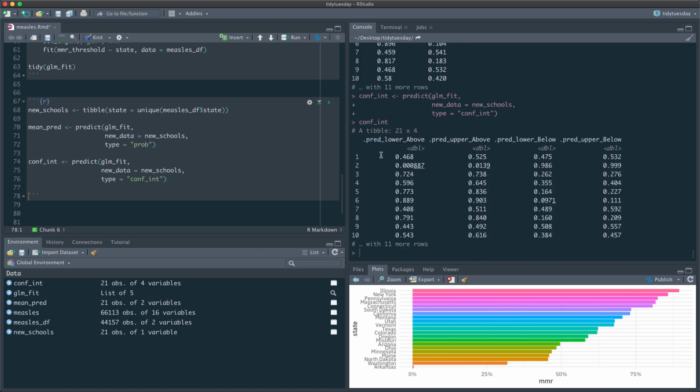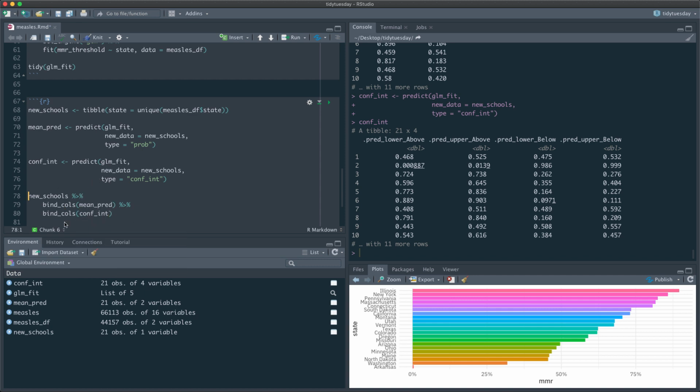And boy, if you've ever tried to get a confidence interval out of a logistic regression model, this is so much better than the other ways that existed before the development of this tidymodels ecosystem. So, and we can just bind this all together. Bind calls mean prediction, bind calls confidence interval, like so.